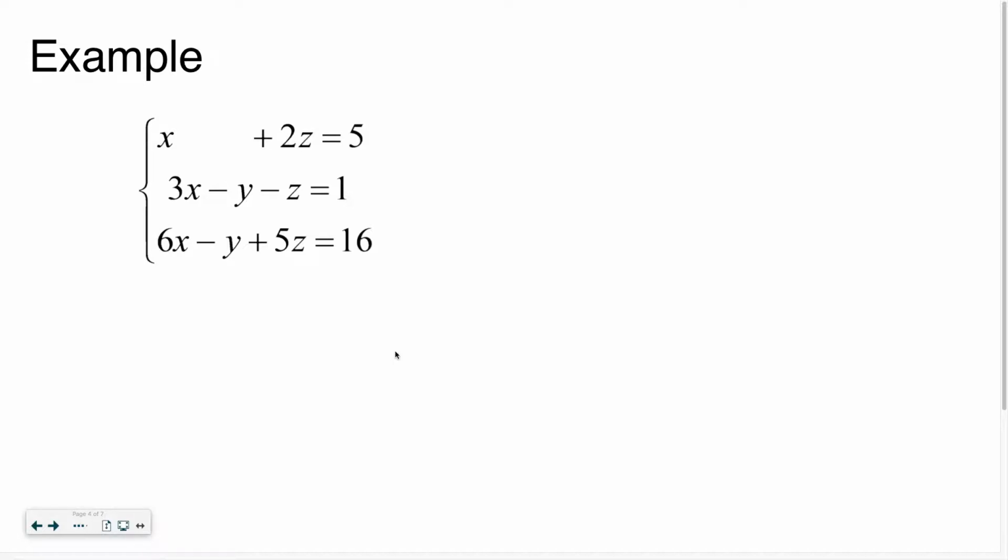If I'm thinking about my 2-variable system, we already have one equation. So row 1 is x plus 2z equals 5. Row 2 is 3x minus y minus z equals 1. And row 3 is 6x minus y plus 5z equals 16.